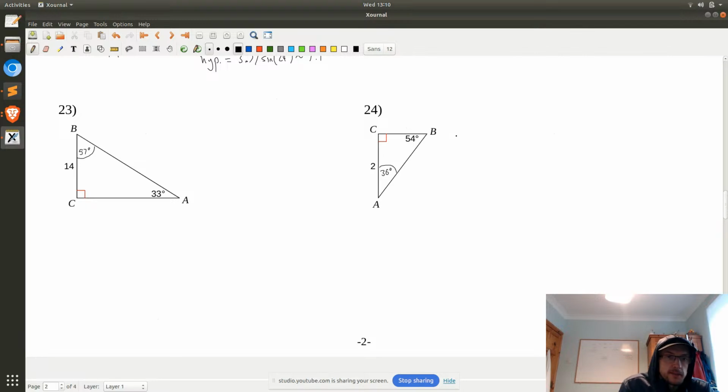Next up, this one here. Side AC, the length of side AC. Well, that's adjacent to the 33 degrees that we were given. And we were given the opposite. So opposite and adjacent, well, that would be tan. So tan of 33 is 14 over adjacent. So adjacent is 14 over tan of 33.